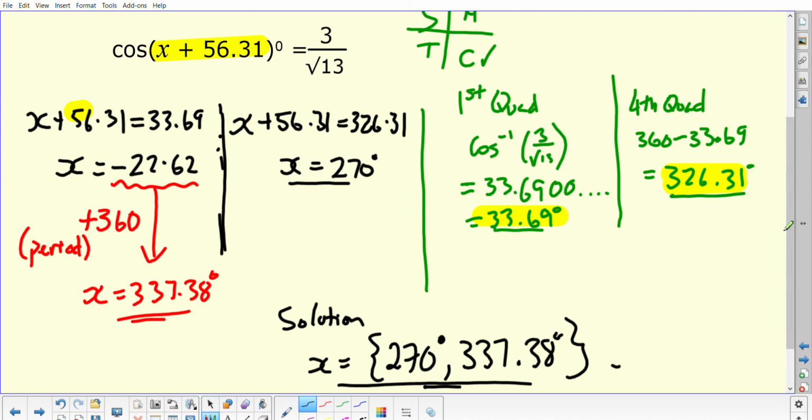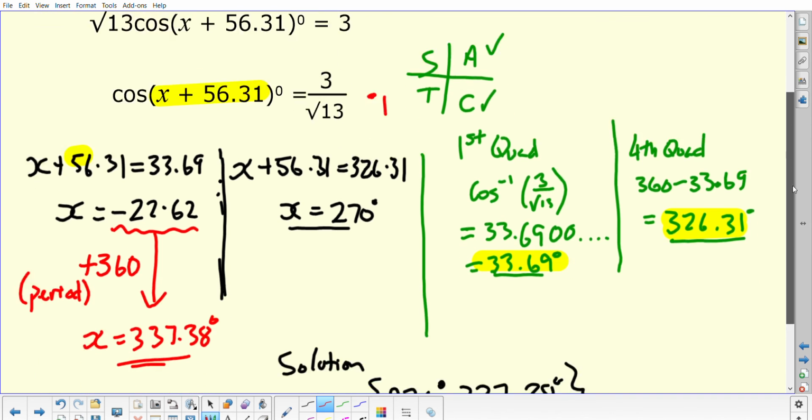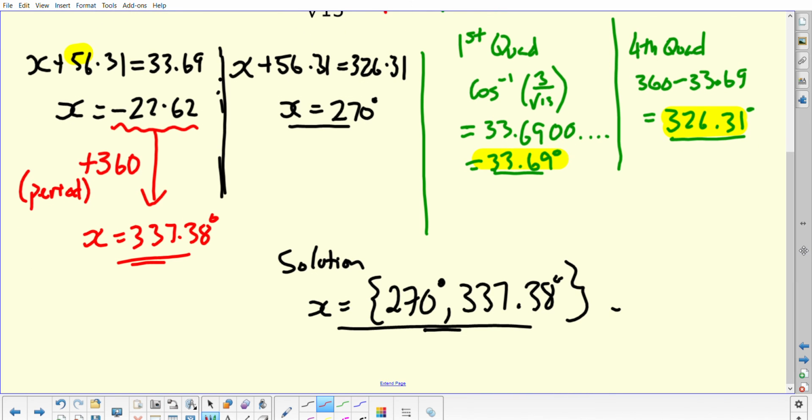And in this question, how you get your marks, your very first mark is for rearranging that equation, making the link to part A, replacing with the cos, and getting your single cos expression. After that, you're looking for your two values. That would be your second mark, and that would be your third mark.